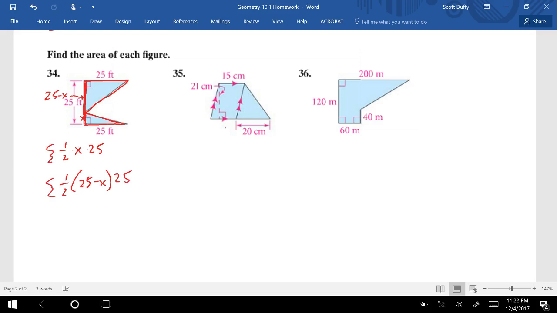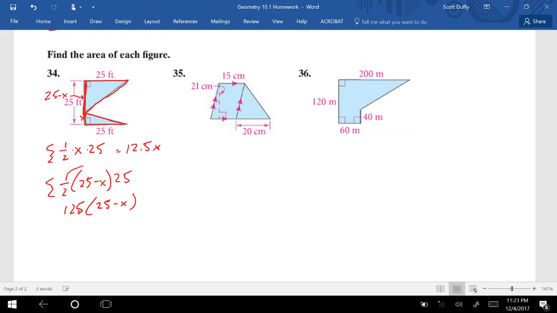So 1/2 x times 25 is equal to 12.5x. This 1/2 times 25 is 12.5. Actually, what we're going to do is take 1/2 times 25, that will be 12.5, and then we'll distribute it to the 25 minus x.